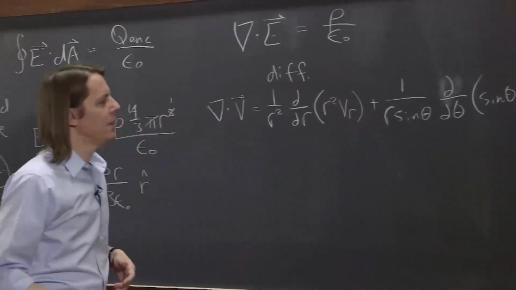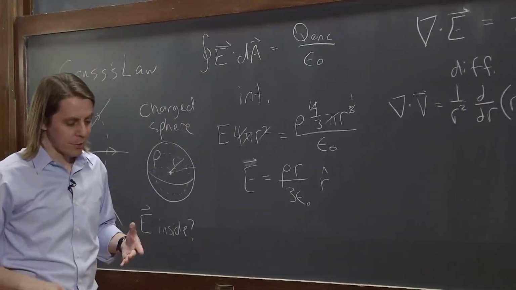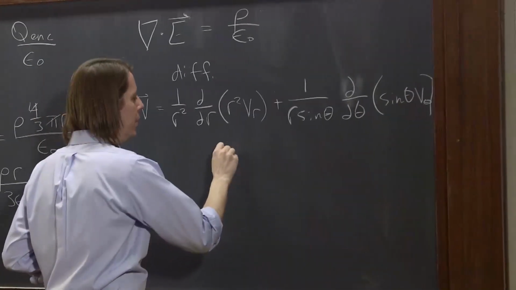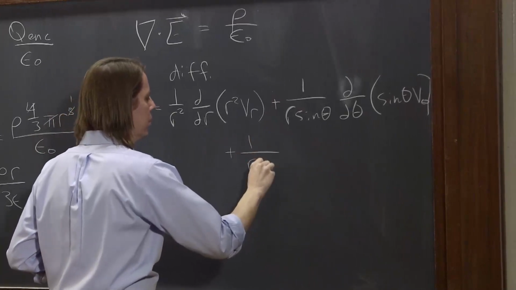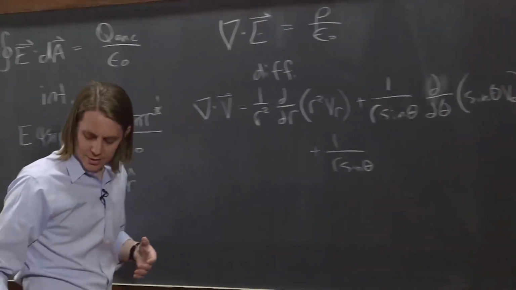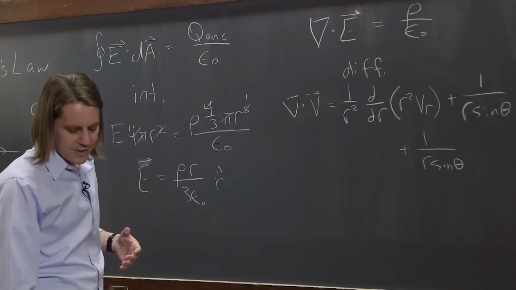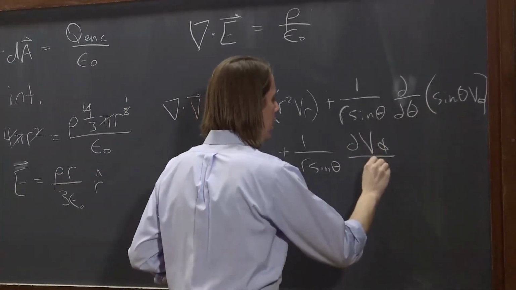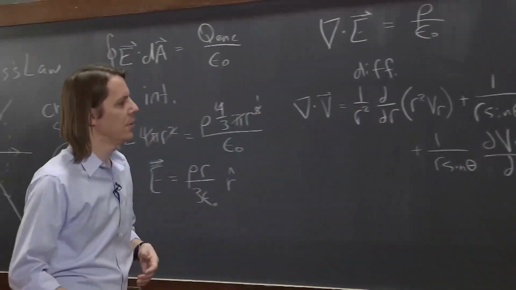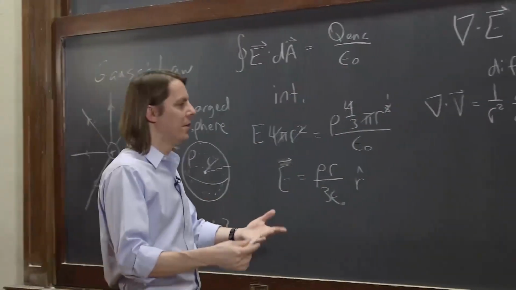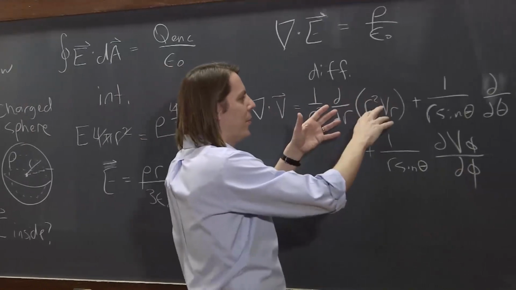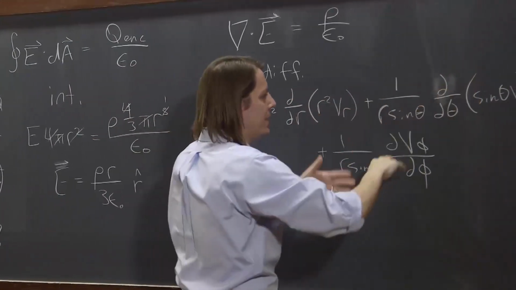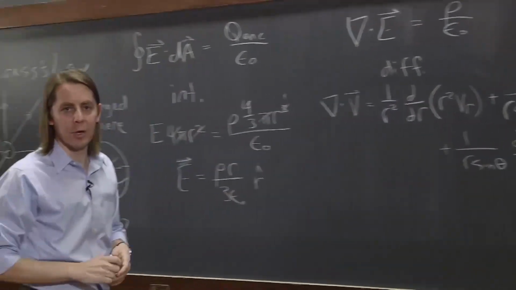Like that for one angle, and then there's a third term for the third angle, plus 1 over r sine theta, and then it's d V phi d phi. Those are the three terms. It kind of looks like in Cartesian you had sort of an x part, a y and a z. It's just much, much more complicated.